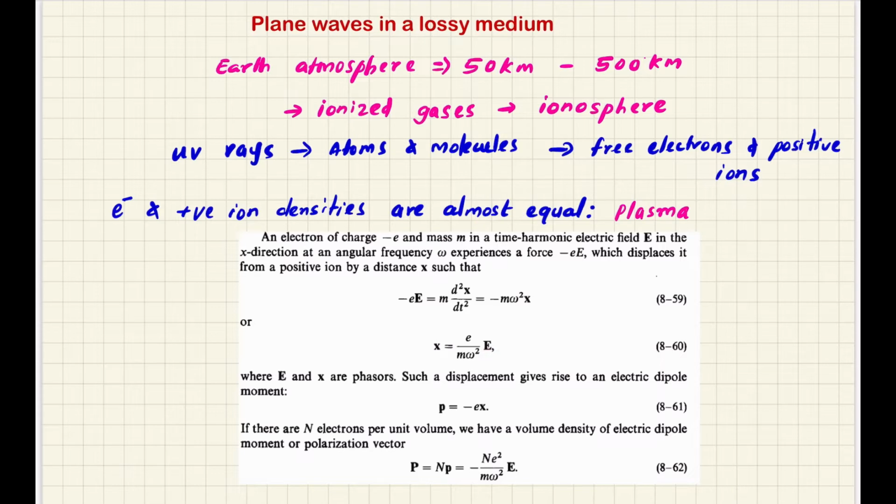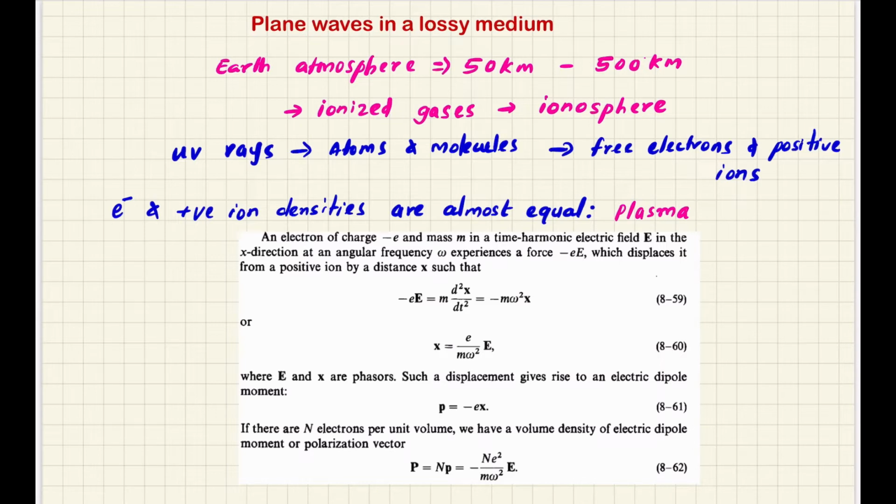Now you can define the corresponding electric dipole moment, which is charge times the displacement, given by minus e times x.